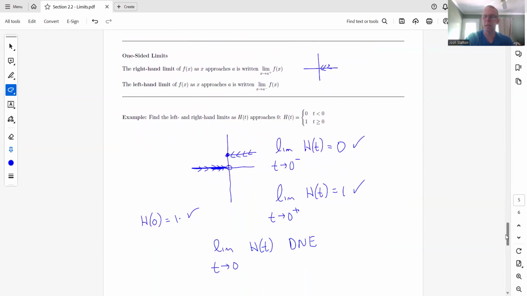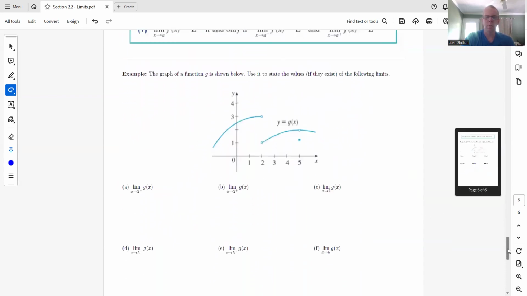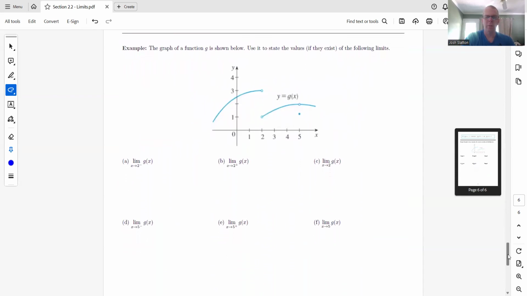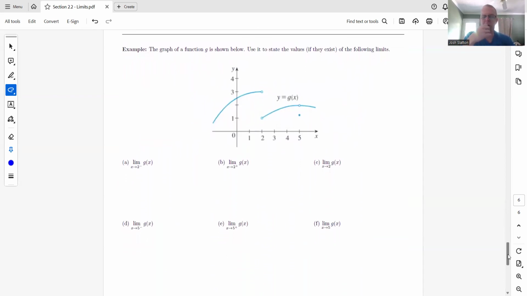All right, so one last example, we just have a couple of generic functions here. We have a hole, we have a jump, and then here we have a hole, and then it's defined right there for 5.